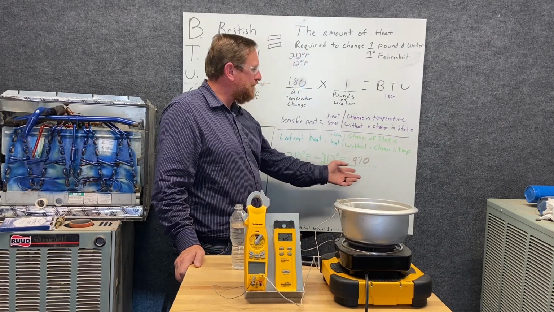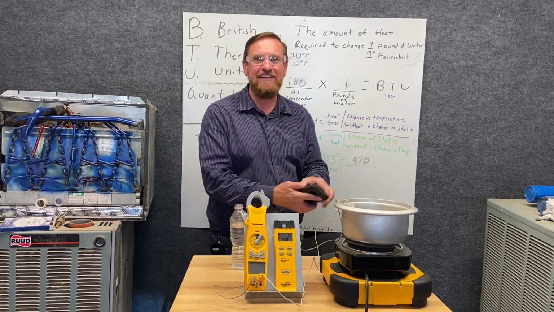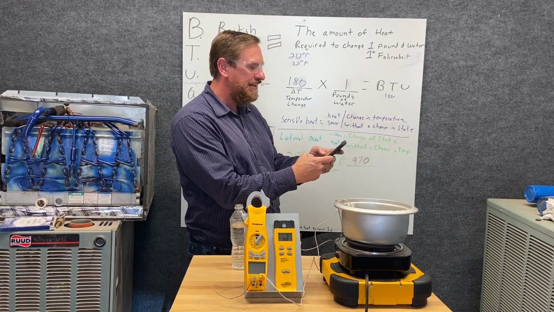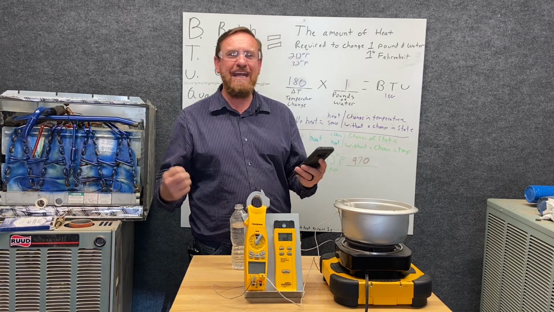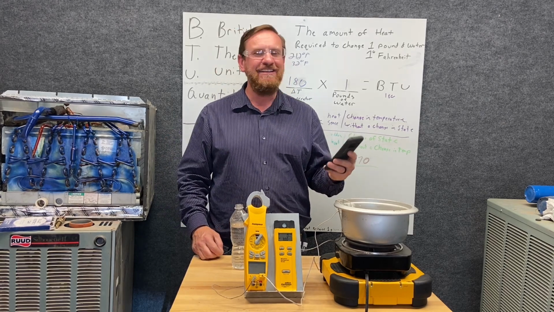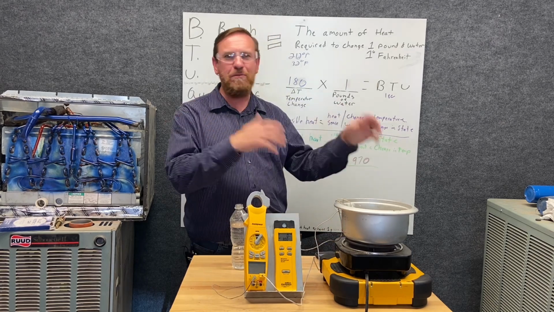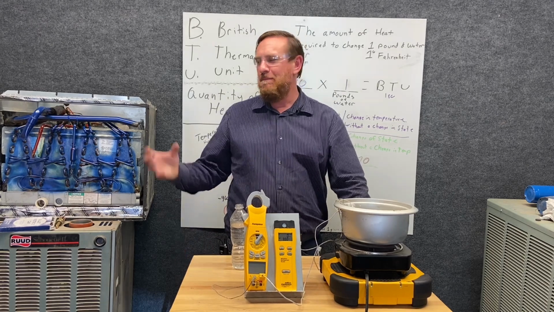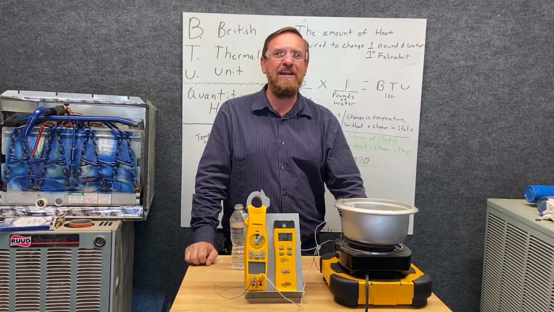So what's 8 pounds times 970? Let's just do a quick little math. 8 times 970. To dehumidify, to pull 1 gallon of water out of the air, it's going to take at least 7,700 BTUs. Now, there's much more math, and you could get it much more ideal. But it's pulling a tremendous amount of BTU heat energy just to pull the moisture out of the air.